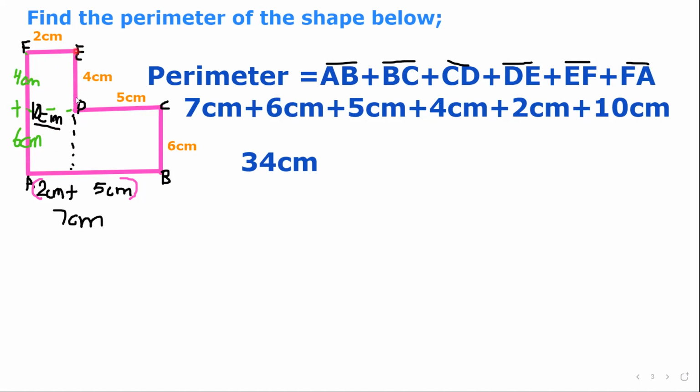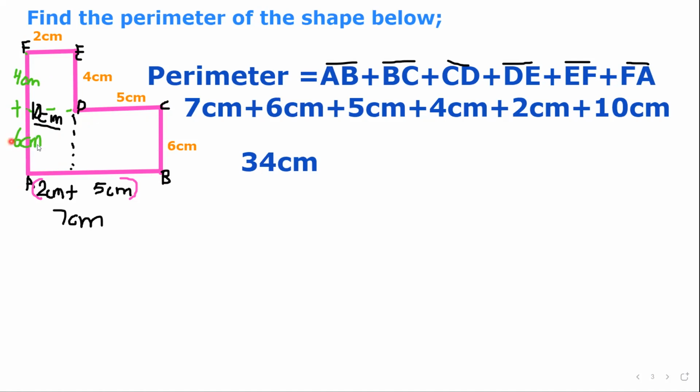So the distance from here to here is also part of the line AF or FA. So you write the 4 here, while the broken line showing the top looks like what? A rectangle. And the same thing when you come to the other end, the line BC or CB: when you extend this line, it also forms a rectangular shape, which is directly opposite to part of the line FA.